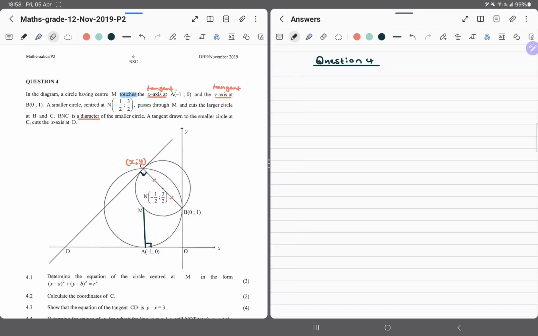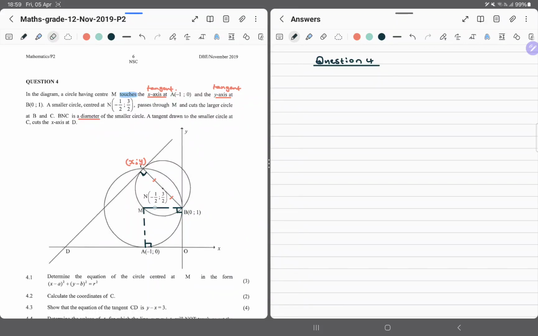So this is suggesting that we essentially have a situation like that. Again, we said the y-axis is also tangential to this circle at point B. And we know that, again, a tangent and the radius meet at right angles at the point of tangency.